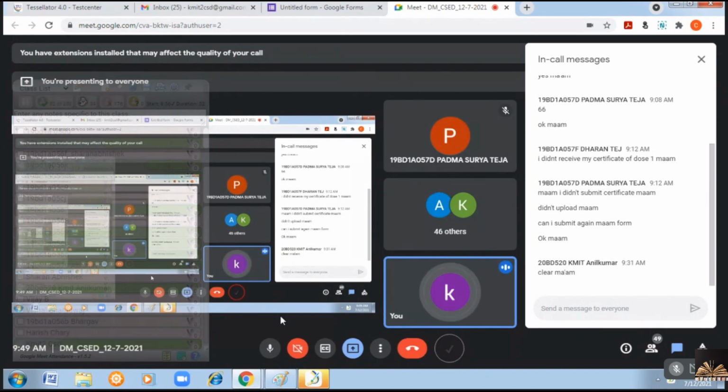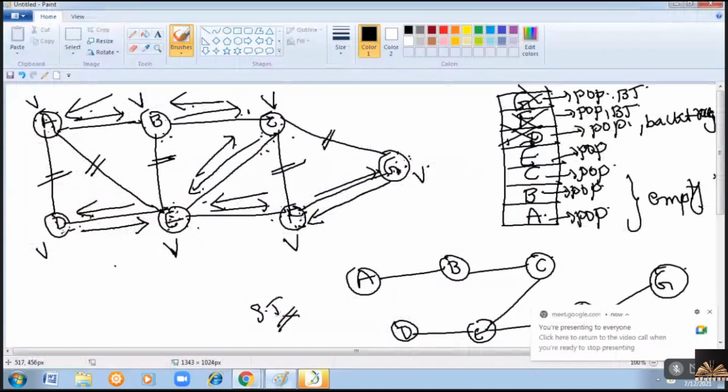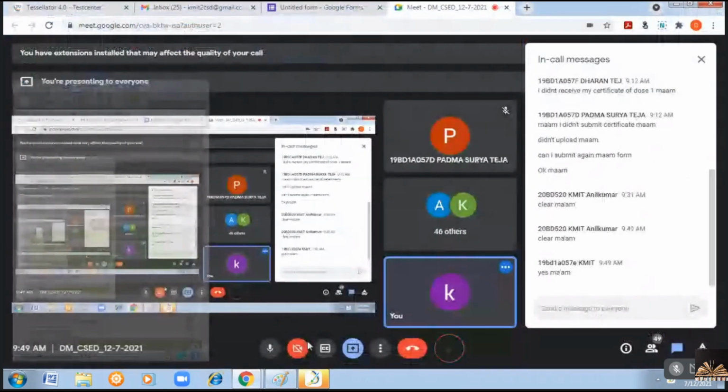Yes, have you all understood these graph traversal techniques? Okay.